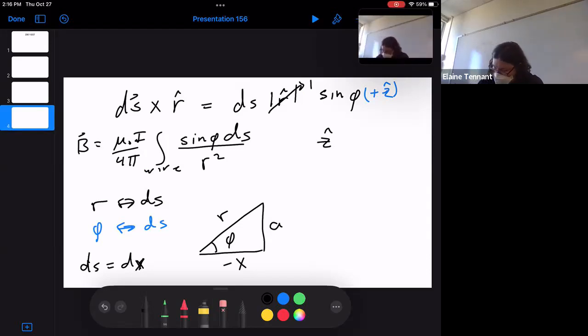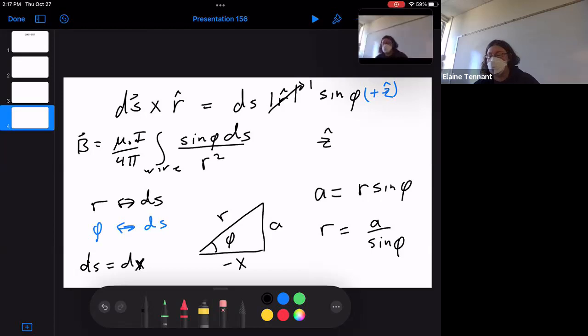Notice that we can write down A equals r sine of phi. Or we can rearrange that and say r equals a over sine of phi. And what I'm doing here is I'm trying to simplify everything down so they're in terms of one simple thing instead of a bunch of different things.